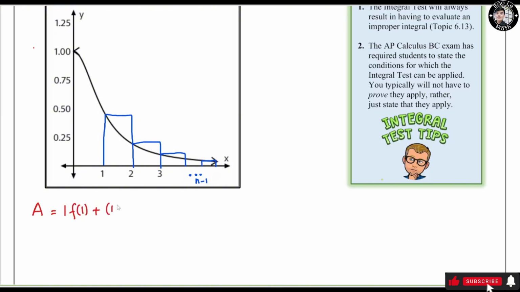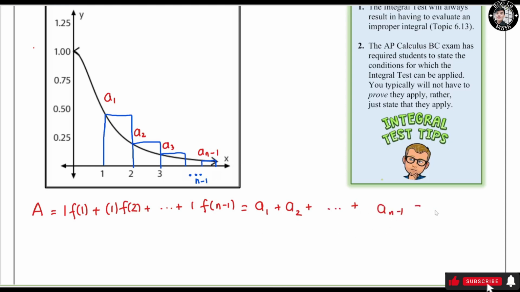Plus 1 times f of 2 plus etc. plus 1 times f of n minus 1, right? And you know that this guy is actually a sub 1. This is a sub 2. This is a sub 3. And this one a sub n minus 1, right? So it could be a sub 1 plus a sub 2 plus etc. plus a sub n minus 1, right?